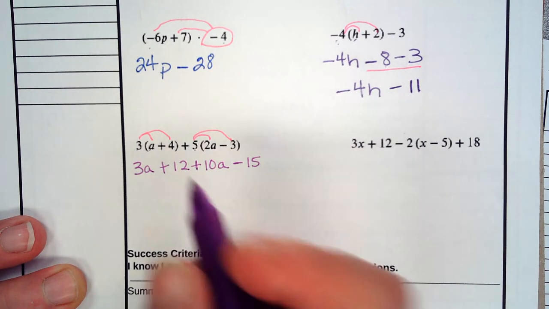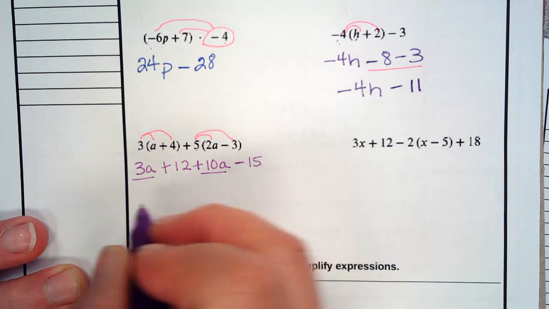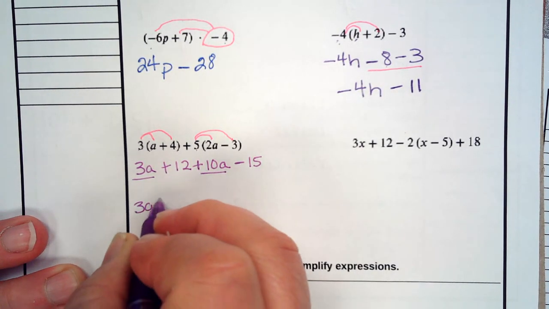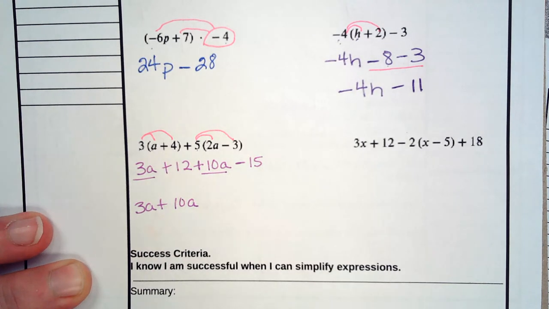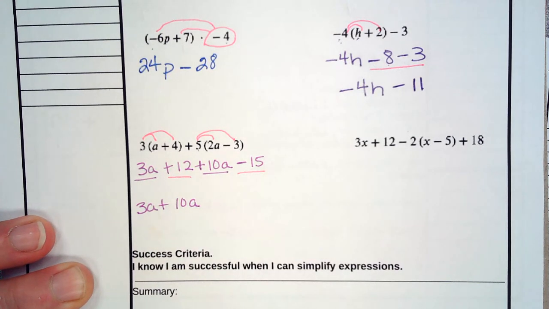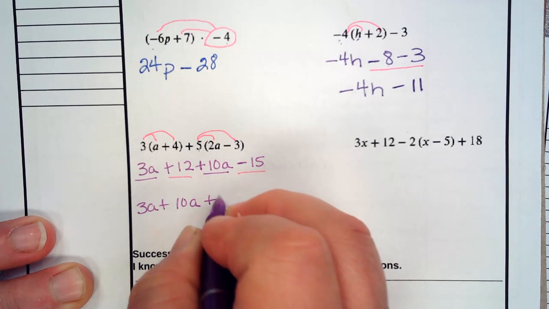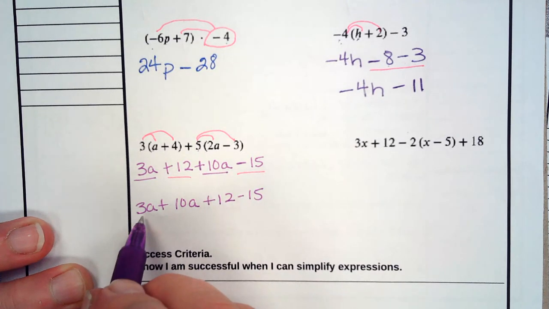Gather your like terms. 3A and 10A. 3A plus 10A. Gather your numbers together. Plus 12 minus 15. Okay, I've got 3A here.